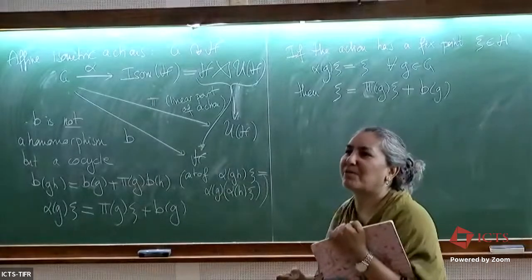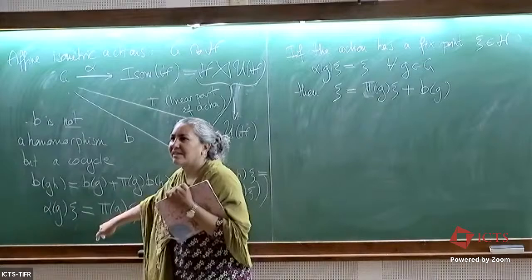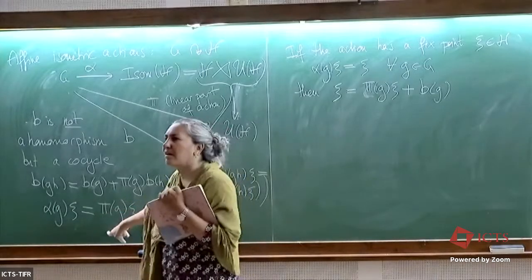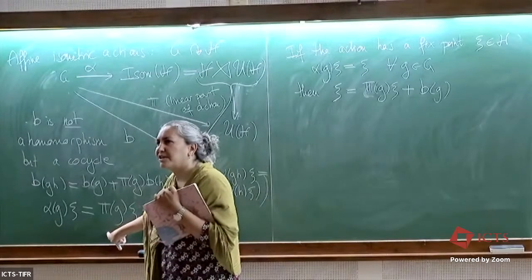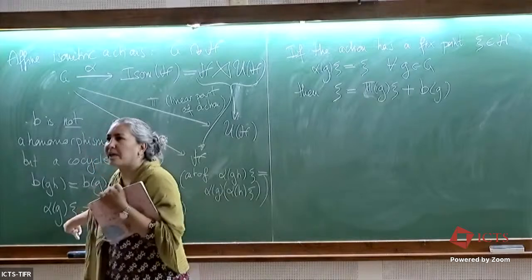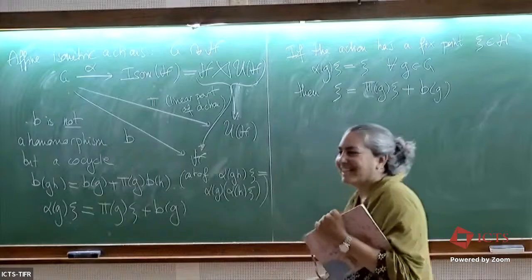From pi and B, you recover alpha like this. If you have a unitary representation and a cocycle, then you can stick them together to get an action. So it's really the same thing.